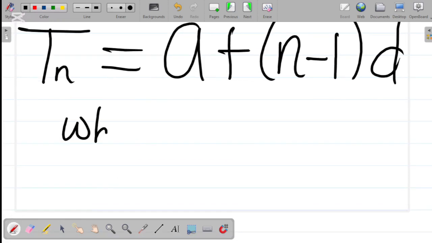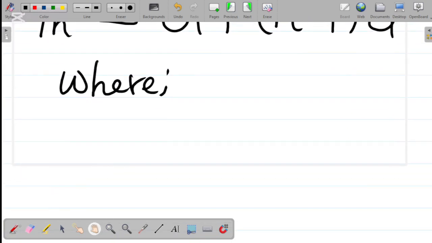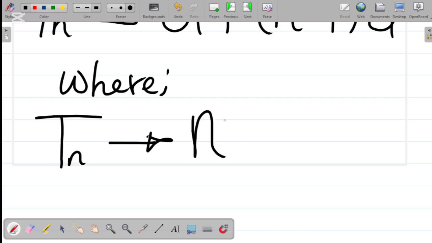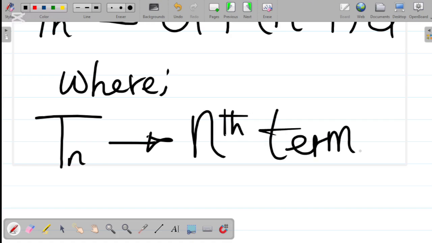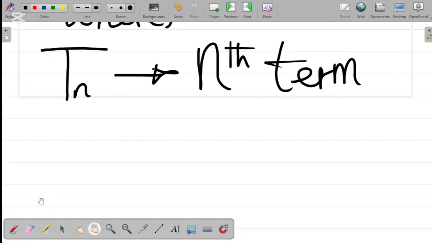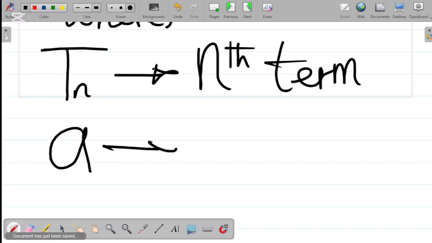So where T subscript n is what? The nth term. And then a is called what?